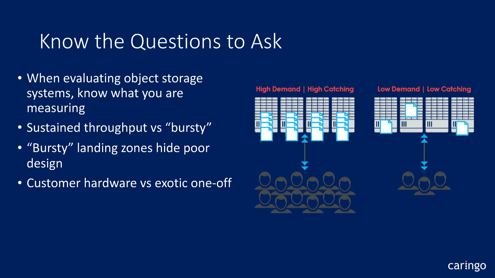And so while their numbers may look really great over the course of 10 minutes or even 30 minutes worth of sustained throughput, if you try to keep that up over time, you're going to find that you're basically going to exhaust a cache there, and you're going to then experience the actual design limits of the storage system. And so we kind of have a feeling that it's called here bursty landing zones.